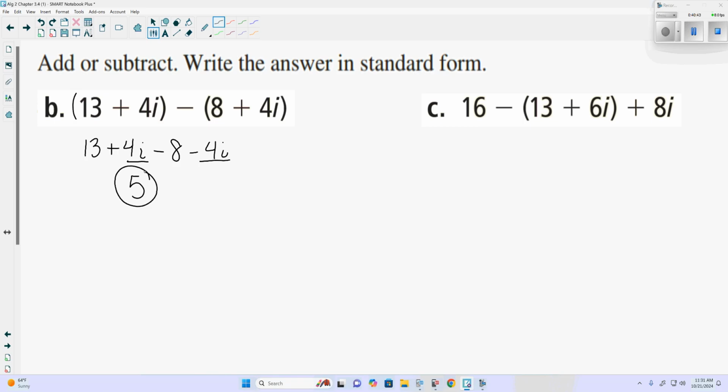So it tells us that the correct answer is 5.